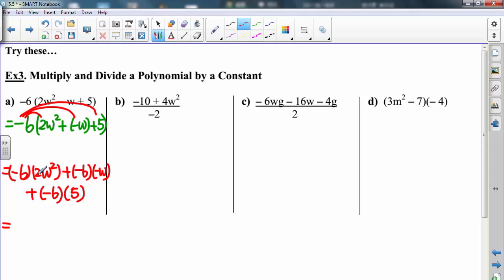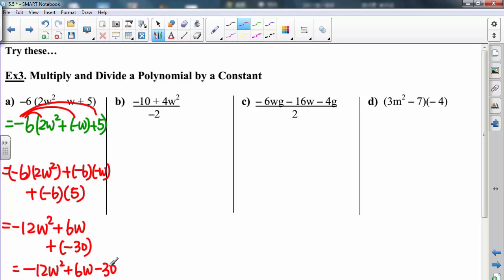Negative 6 times 2 is negative 12w squared, plus negative 6 times negative 1w, negative 6 times negative 1 is plus 6w. Negative 6 times 5 is plus negative 30. So the final answer is negative 12w squared plus 6w minus 30.